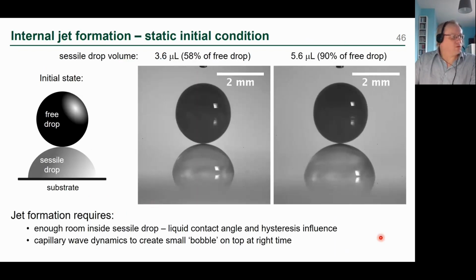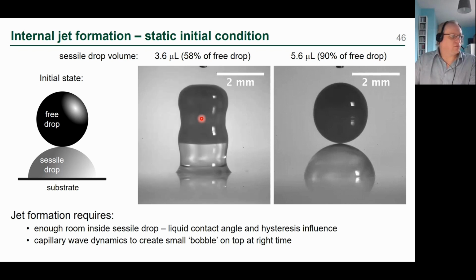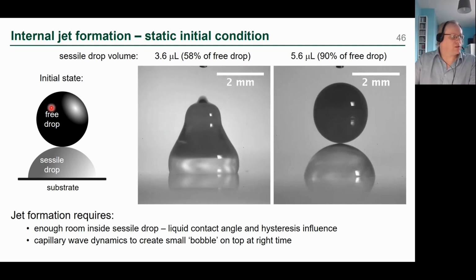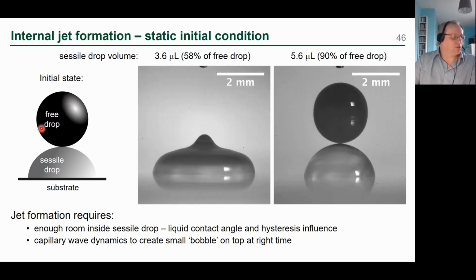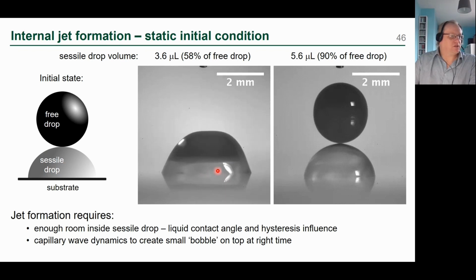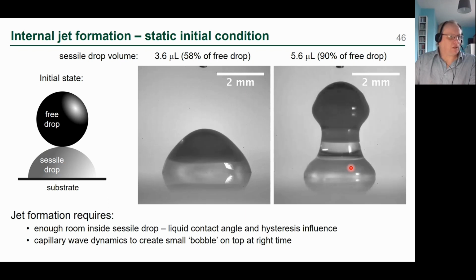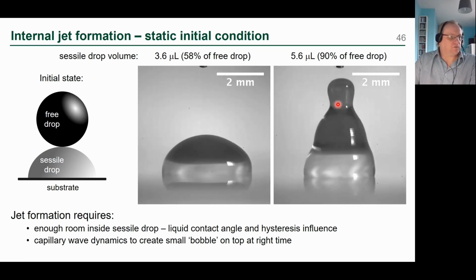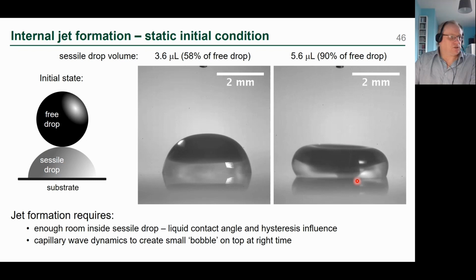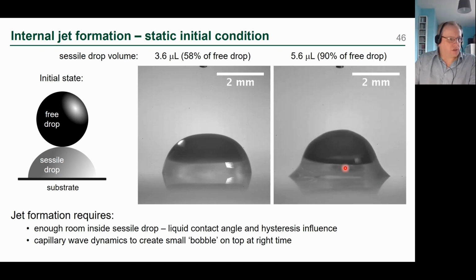So I'll just show some of his experiments. This is a situation where we have a sessile droplet and another droplet on top. The second droplet was gently placed on top, and then it coalesced. And you can see that here we've just got the same situation, no real mixing going on. But if we make the sessile droplet bigger relative to the other droplet, you can end up with a situation where you see a jet formed inside.